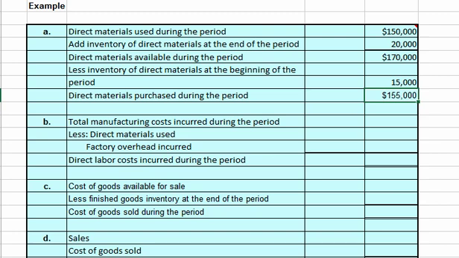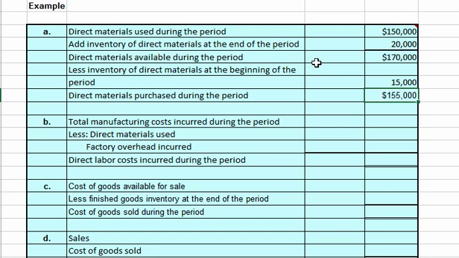Okay, now you can use these numbers lots of different ways, you guys. This is kind of similar to a T account. But if we wanted to know direct materials used during the period, let's say that's the one that we weren't given. Well, we could take direct materials purchased during the period. We'd add our beginning inventory of direct materials. That'd be 155,000 plus 15,000.